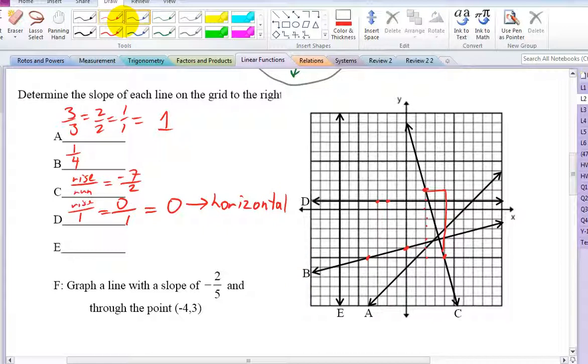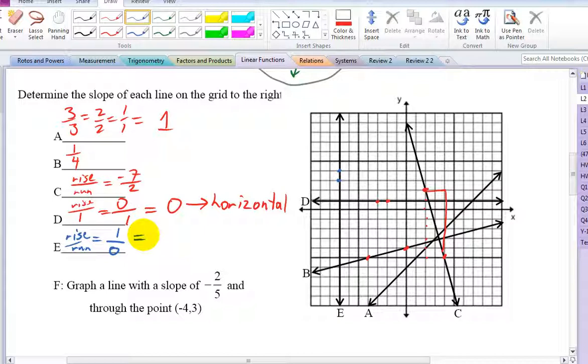Trick question. What's E? What's the slope? Rise over run. How much is your run? 0. How much is your rise? Any number you want. What's the answer? Negative 0? Try it on your calculator, folks.